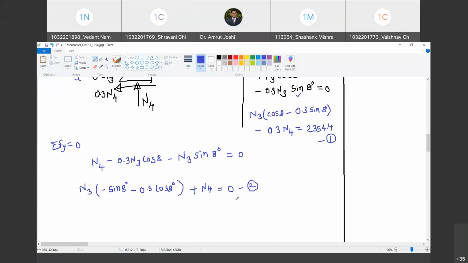So in the first equation, N3 has cos 8 degree minus 0.3 sin 8 degree, then N4 has minus 0.3, and then you have 2354.4. Ensure that your calculators are in degree mode.